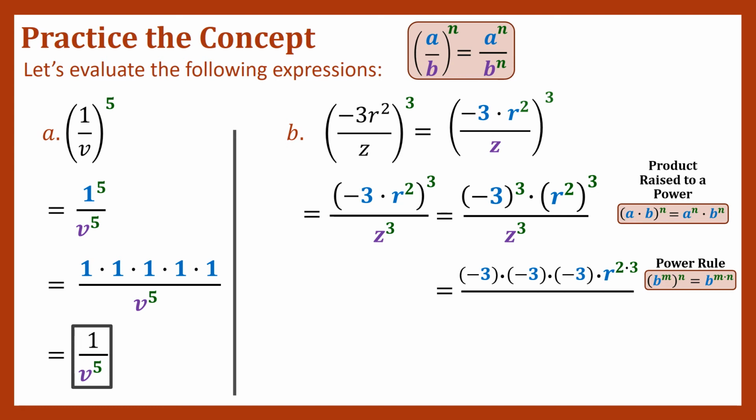This expression is then divided by z cubed. Let's now simplify this expression, which equals -27 after multiplying the -3's together times r raised to the power of 6 divided by z cubed. And this is the result of the second expression.